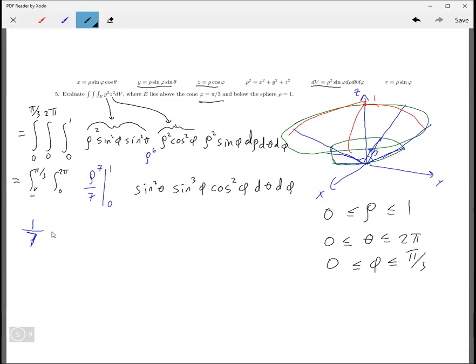Okay, and then you're going to have 0 to pi over 3. And this part right here, if you integrate sine squared, you get 1/2 theta minus 1/4 sine of 2 theta. Okay, and that's going to go from 0 to 2 pi.